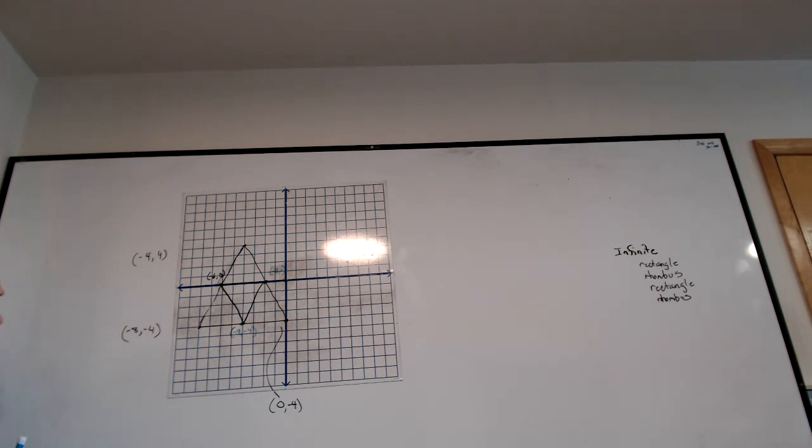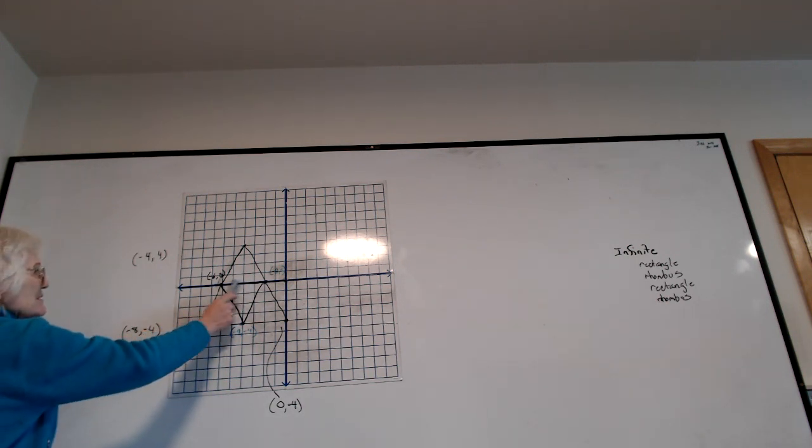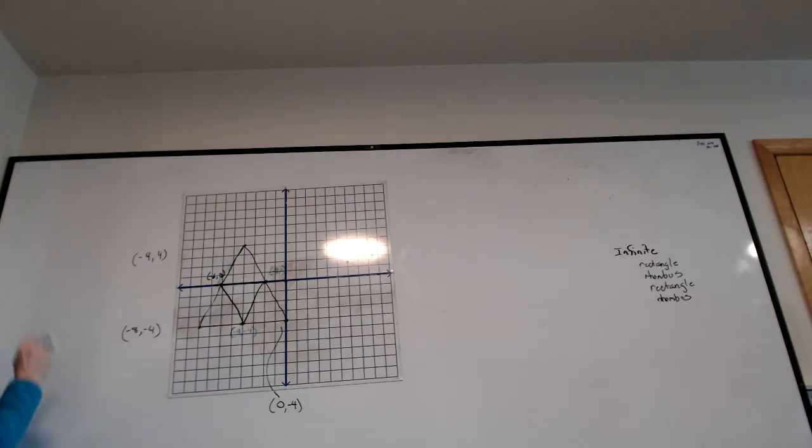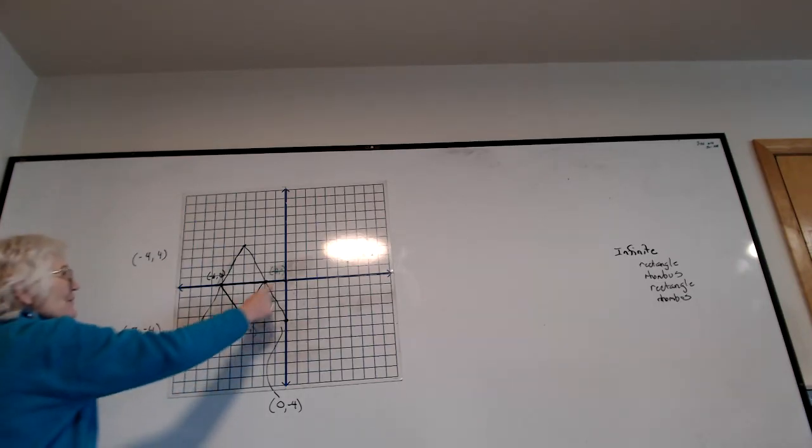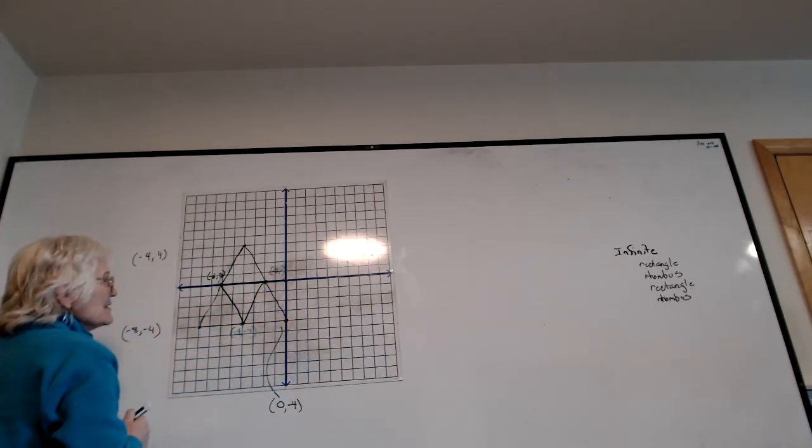And then what do we know about this one? What's its length? And since we know that the right middle point is -2, 0, how would you find the distance from this point to this point?